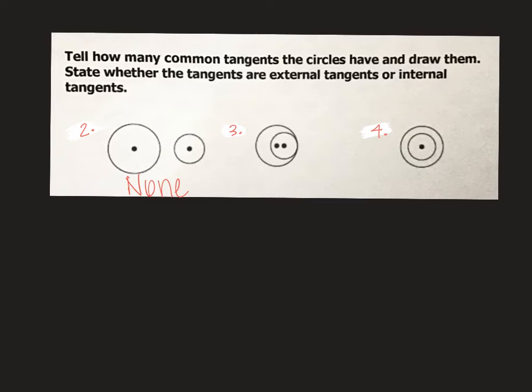Number 3, we have a common tangent right here. So we're going to have one common tangent. And then if we connect those two centers, that segment doesn't intersect the tangent at all, so it's an external common tangent.